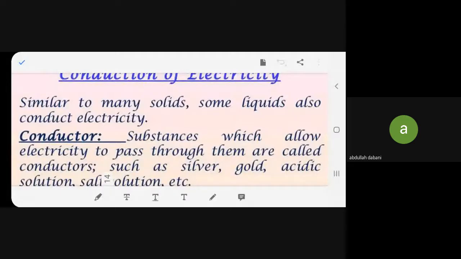All these are conductors of electricity.